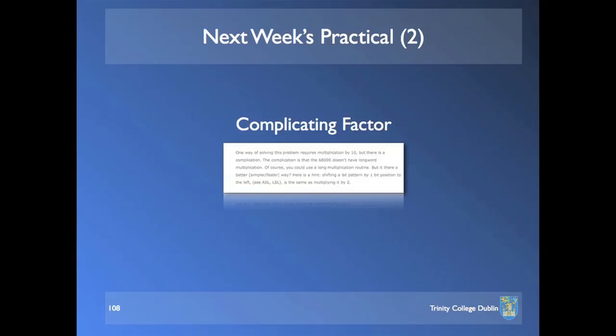So you could use your long multiplication routine, but actually there's a better way. It'll be your job to find it. I'm giving you a bit of a hint there, and I know at least one of you will have no trouble figuring out what to do. So that's next week's practical.